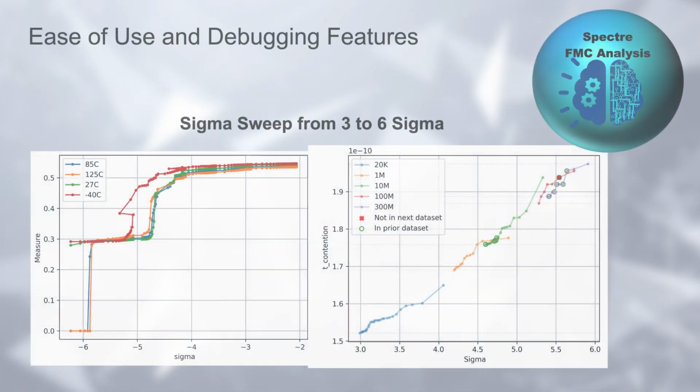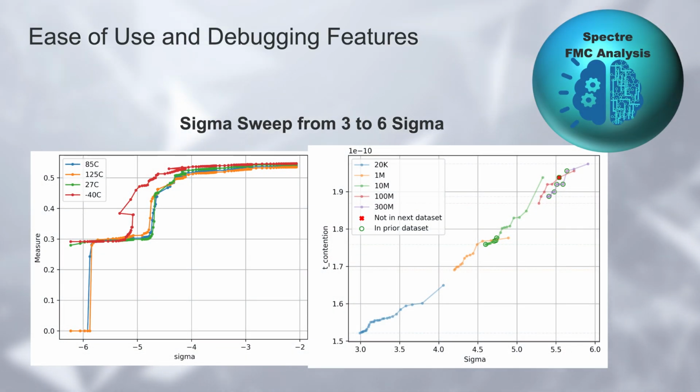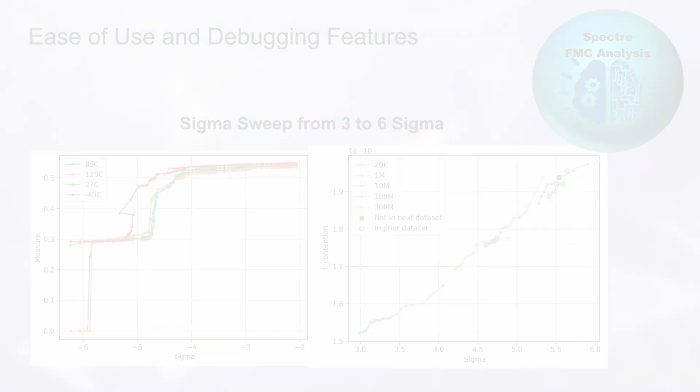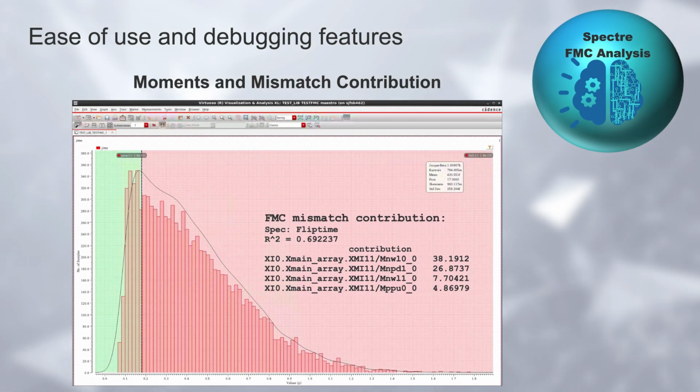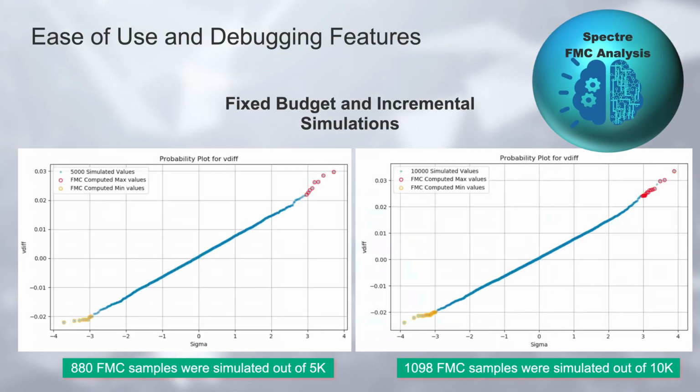The third of the 4 benefits is ease of use and debugging. The machine learning-based technology enables productive exploration and analysis of a hyperspace using several new features, like the Sigma sweep that captures circuit functionality trends from 3 sigma to 6 sigma, the moments estimation from the distribution, insight into the top mismatch device contributors and sensitivity analysis, and analysis with a fixed simulation budget and incrementally.